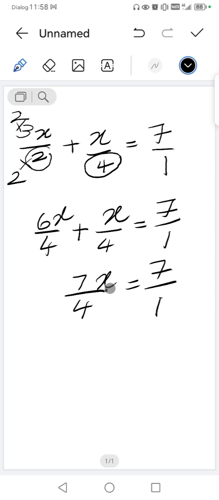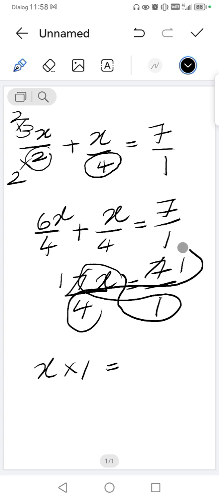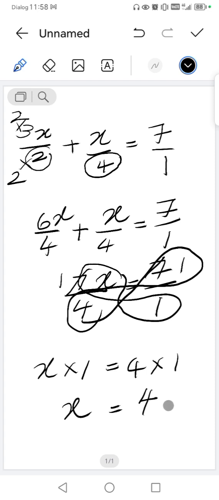There's also another option: here you see 7x and here also 7, so we can cancel the 7 on both sides, that's also correct. Now we multiply x into 1, equals 4 into 1, so x equals 4. This one is the final answer.